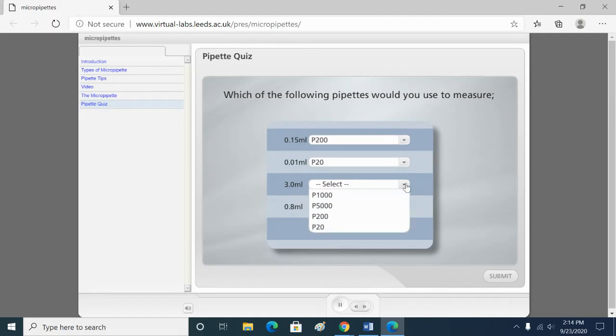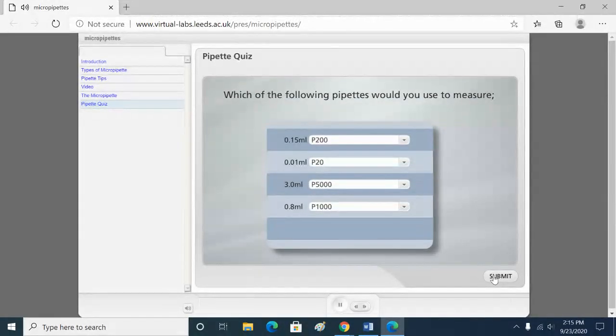So which pipetter would you use? The P5000. And if you want to pipette 0.8 milliliters, how many microliters is that? 800. So which pipetter would you use? The P1000.